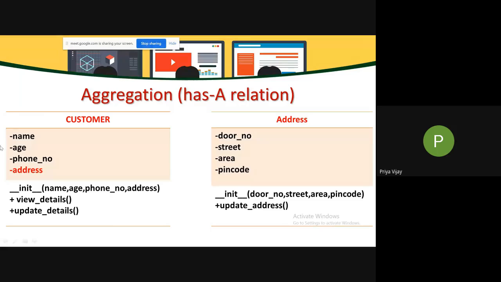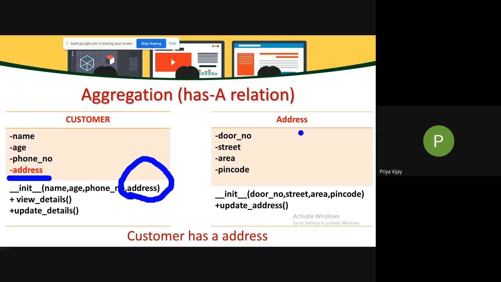So now customer has an address, so our customer contains address. I can make use of an object of the address class as one of the variables inside another class.